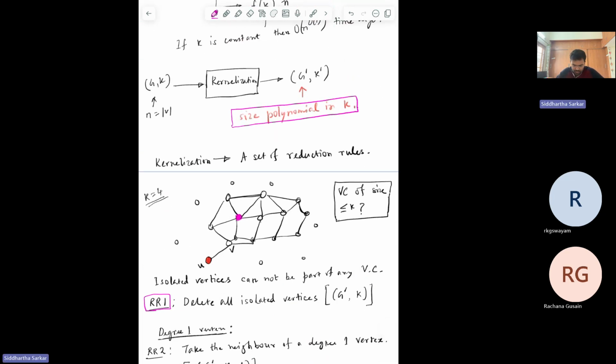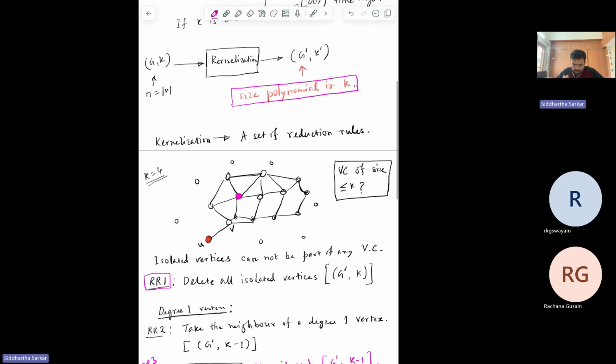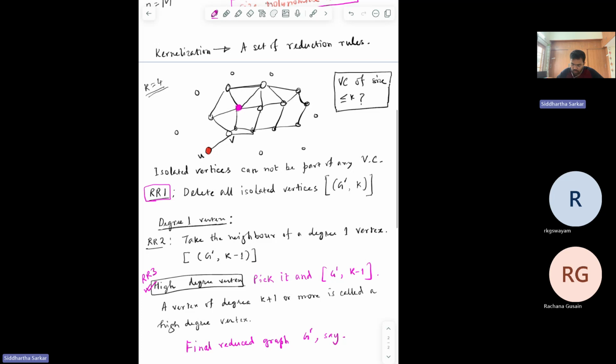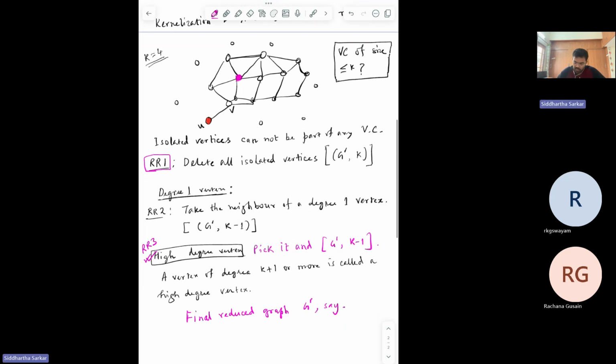It is so magical. Initially you had n vertices, but after doing these 2 rules alone, you are reducing the size from order n to order k to the power c, let us say, for some constant c. So polynomial in k. This is going to be the size of this reduced graph, but we have to argue it.